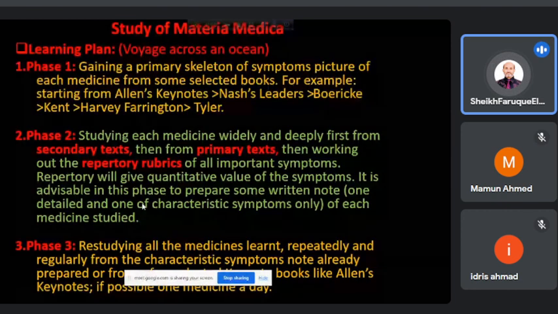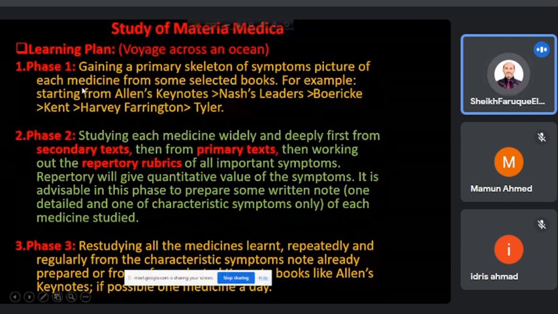So you get a brief idea about the medicine first. Don't take a big idea about the medicine in your first reading. No. So they say gain a primary skeleton of the symptom picture of each medicine.